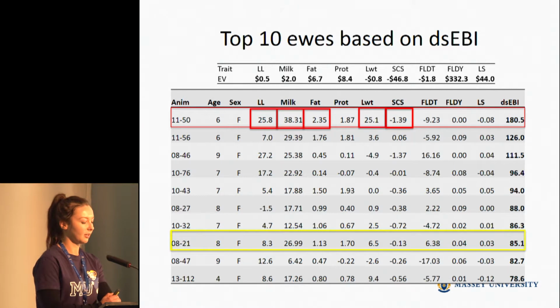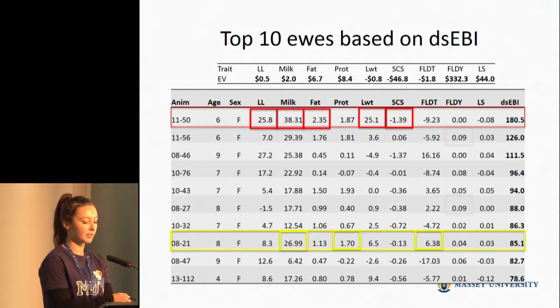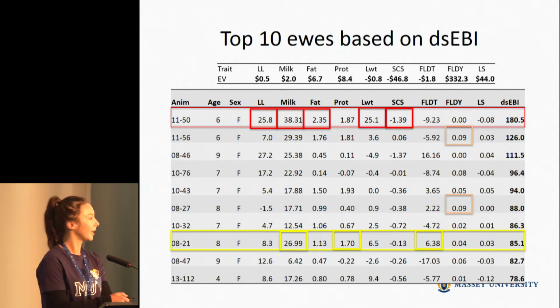Then in comparison, we have ewe number 0821, and she only has an index value of plus 85. However, she still has high milk production and high protein yield. However, her first letdown time is a positive value of 6 seconds, which also incurs a negative value. Other values which have enabled the following ewes to make it to the top 10 is the estimated breeding value for first letdown yield.